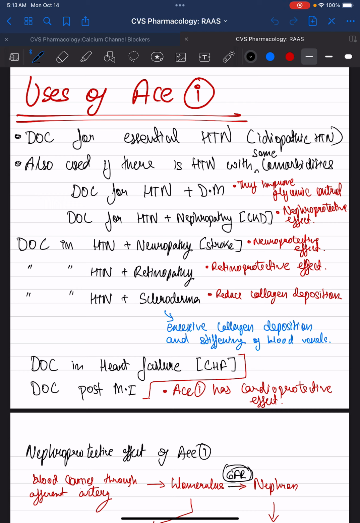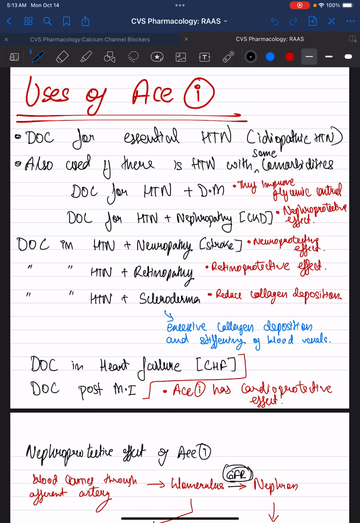If the patient has diabetes mellitus and is hypertensive, the drug of choice is an ACE inhibitor. Why? Because ACE inhibitors improve glycemic control. They are also the drug of choice in hypertension with nephropathy, like in CKD, because they have a nephroprotective effect.